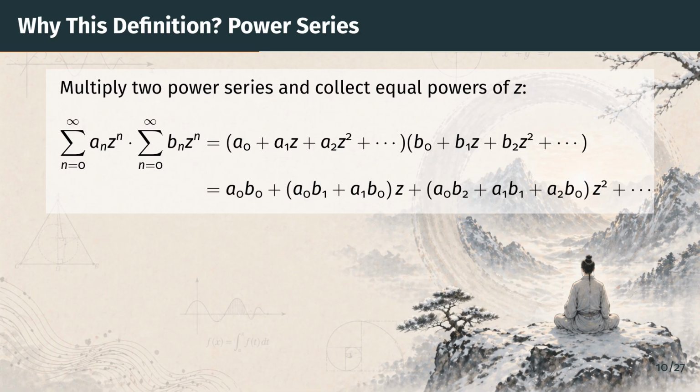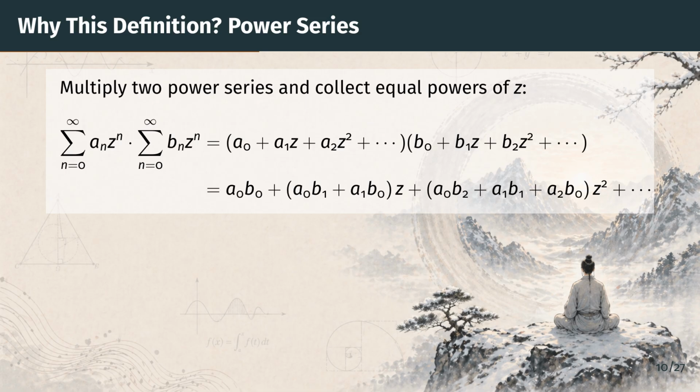As the expansion on the slide shows, the constant term is A sub 0 times B sub 0. The coefficient of z gathers the two products whose indices add to 1. The coefficient of z squared gathers the three products whose indices add to 2. The pattern is clear. The coefficient of z to the n is exactly our C sub n.